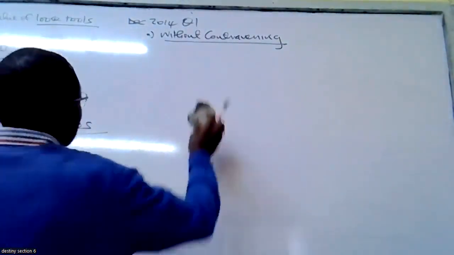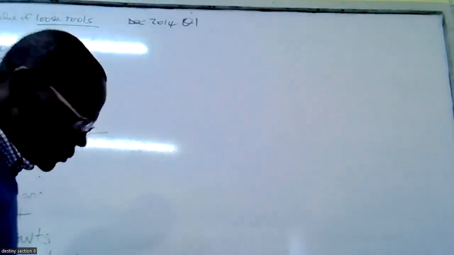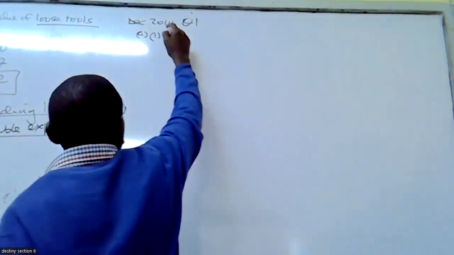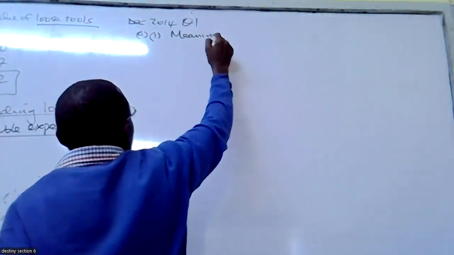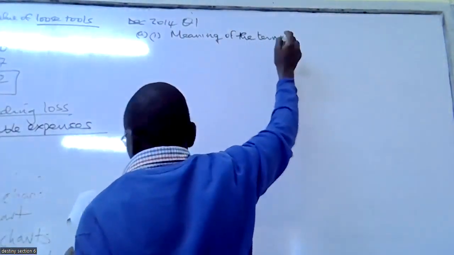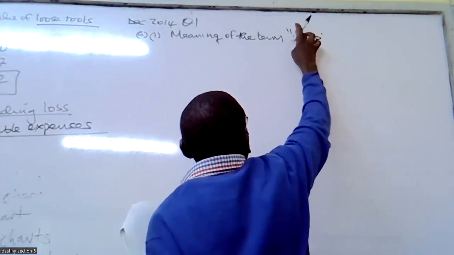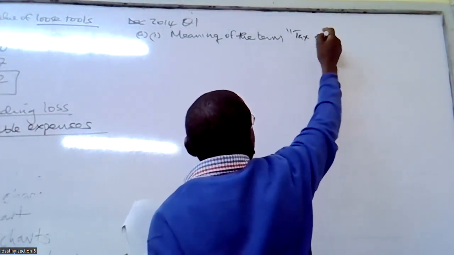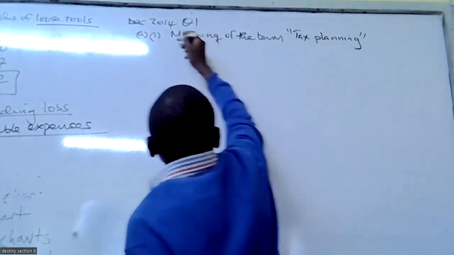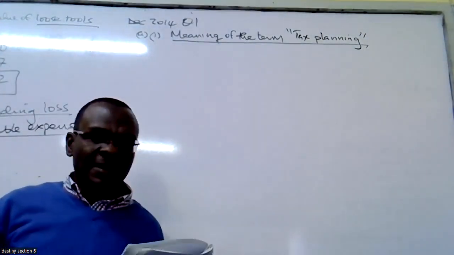So we'll answer the first part. Part A, Roman 1, the answer is the meaning of the term tax planning.